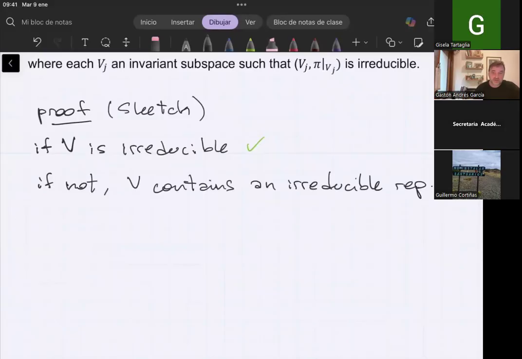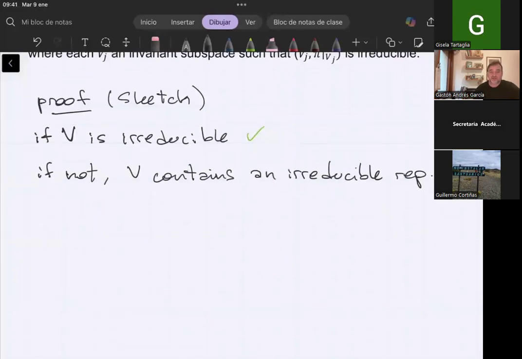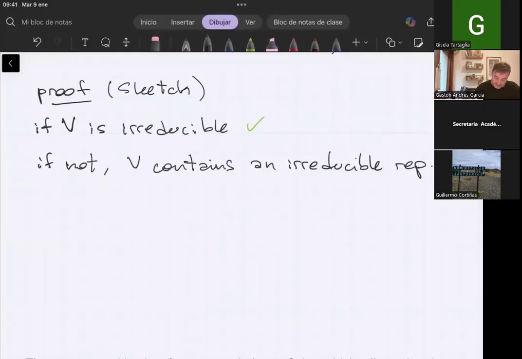If that is not irreducible, then we can apply the same argument again, and the sub-representation will contain another sub-representation which is not zero. And since the dimension is finite, we eventually find an irreducible sub-representation that we call V1 of V.